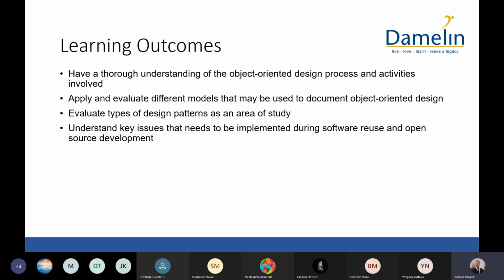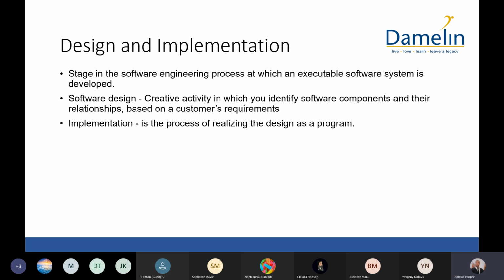Evaluate types of design patterns as an area of study, understand key issues that need to be implemented during software reuse and open source development.